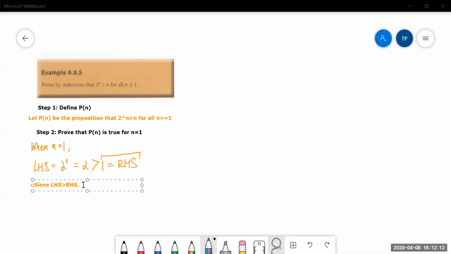Okay, since left hand side is greater than right hand side, therefore Pn, or rather P1, is true.